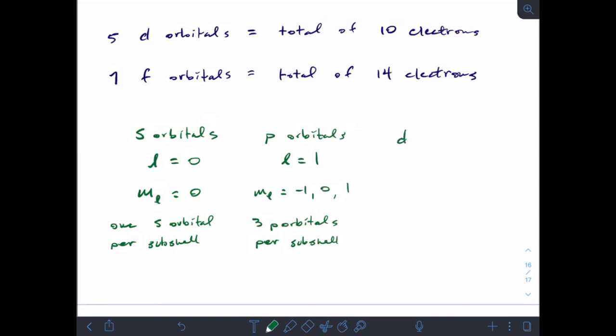Right, d orbitals, we have an L value of 2, so m sub L can be -2, -1, 0, 1, or 2. Okay, these are all possible values of m sub L, given an L value of 2. So 5 orbitals per subshell.